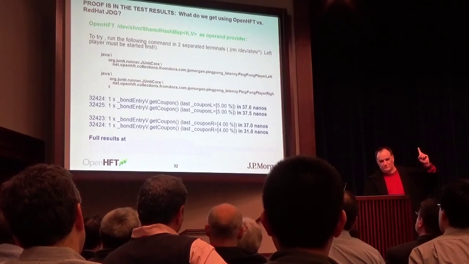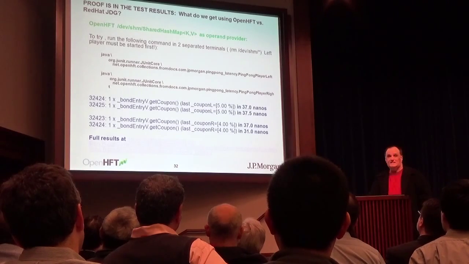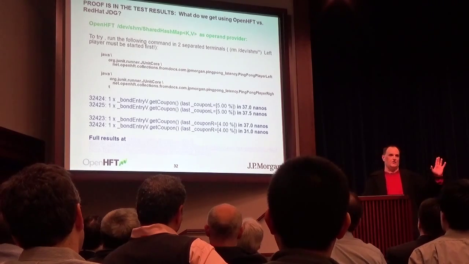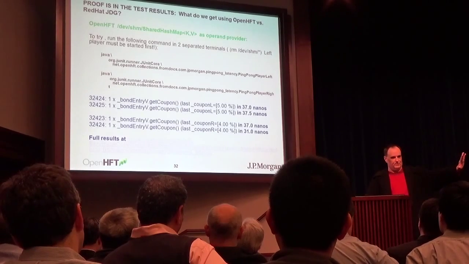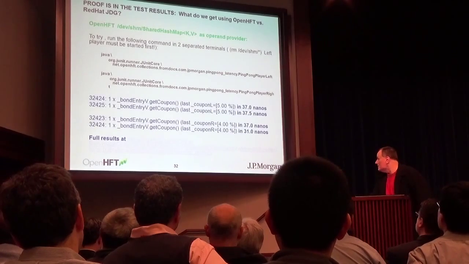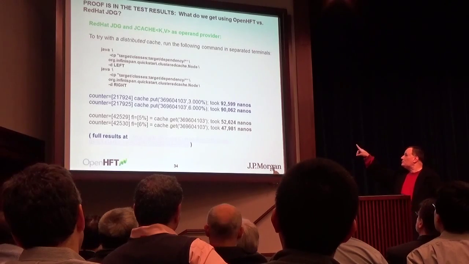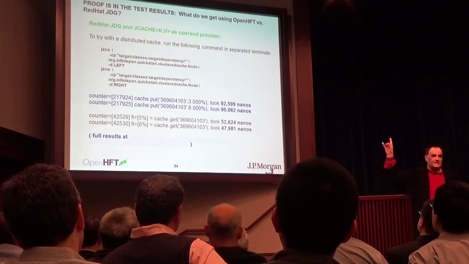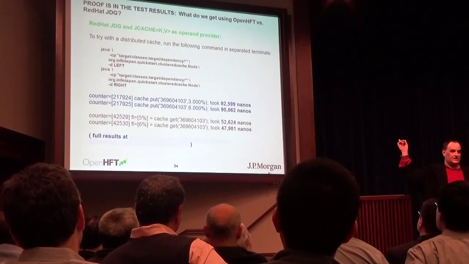If we use JGroups, which is Java's de facto transport provider, remember, 37 nanoseconds for this person in the shadows. 37 nanoseconds, average transport. Now, if we use JGroups, it's 92 microseconds, or 92,000. It's not 37 nanoseconds, it's 92,000 nanoseconds.